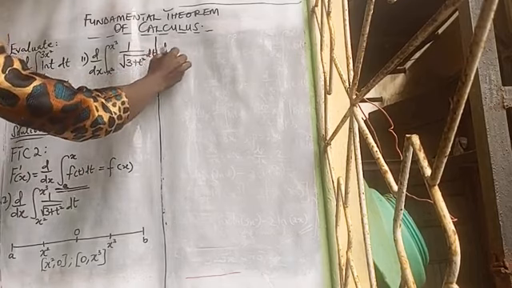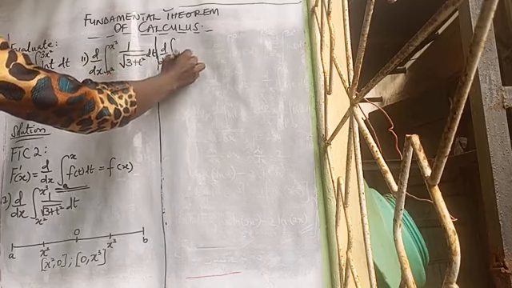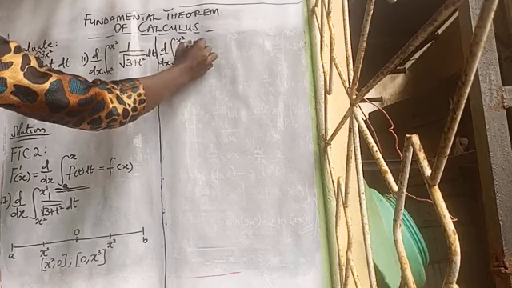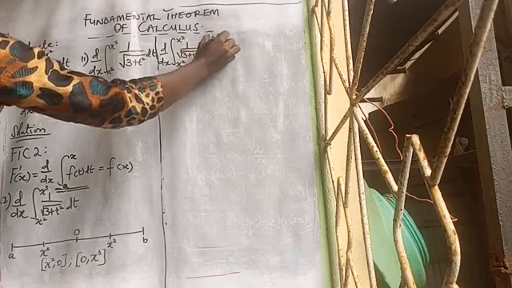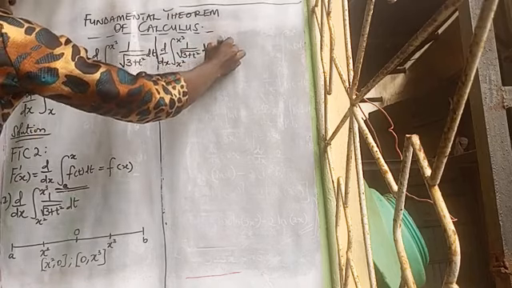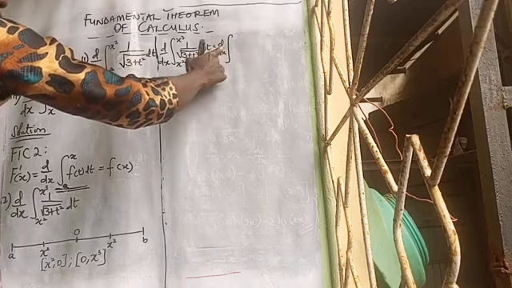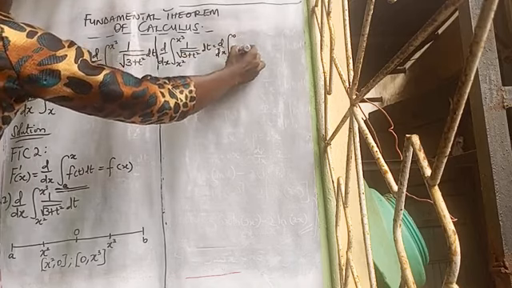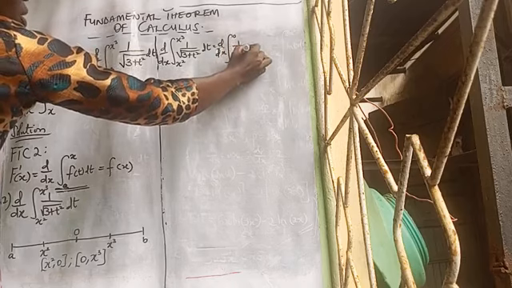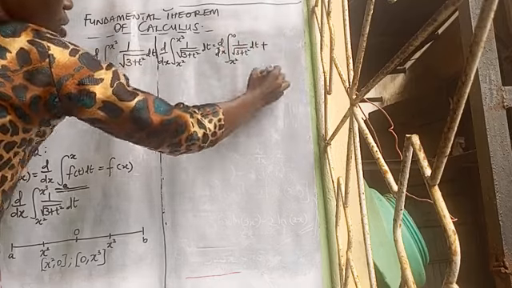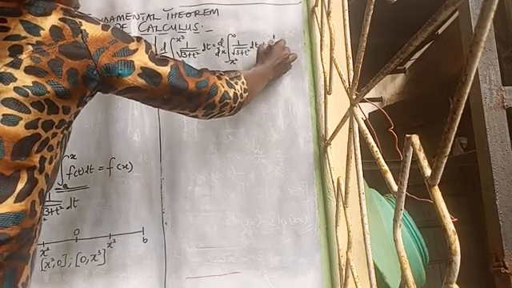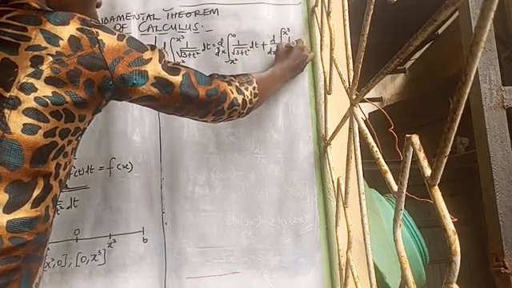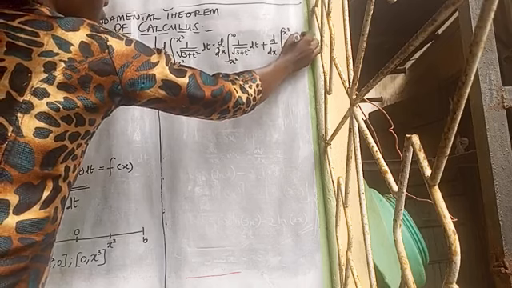that d/dx of the integral from x squared to x cubed of 1 over square root of 3 plus t squared dt is equal to d/dx of the integral from x squared to 0 of 1 over square root of 3 plus t squared dt, plus d/dx of the integral from 0 to x cubed of 1 over square root of 3 plus t squared dt.